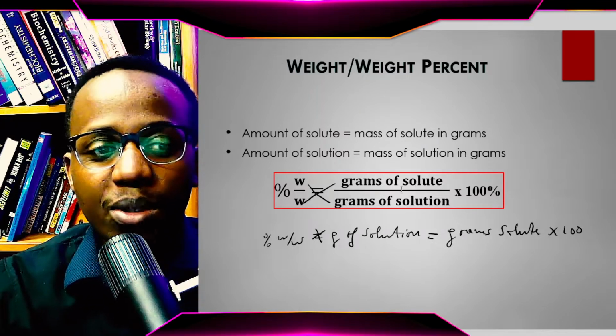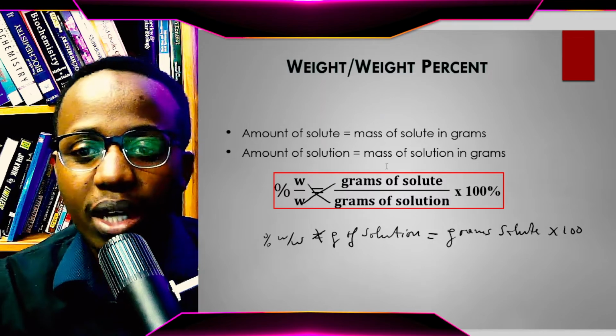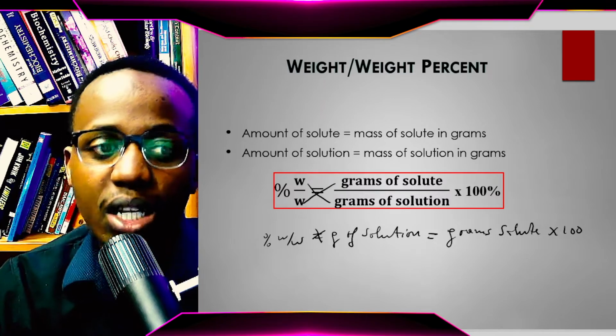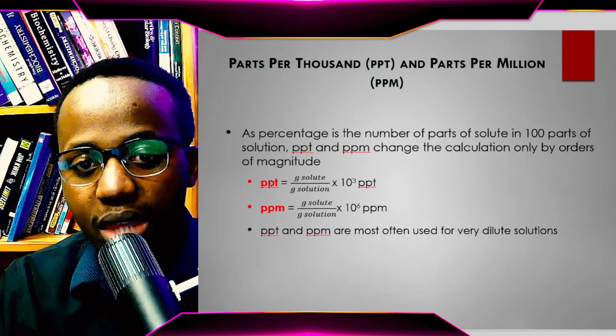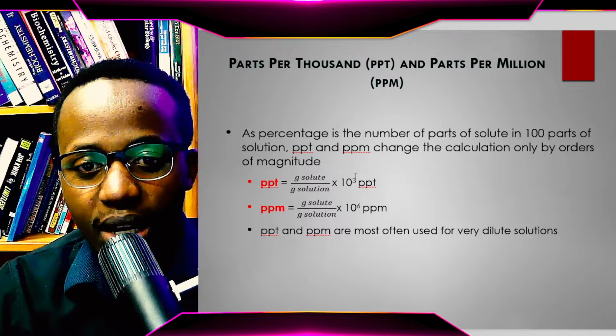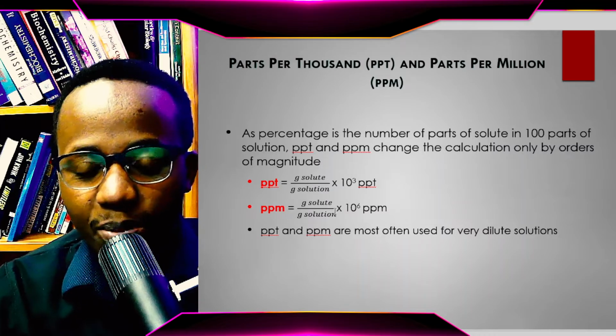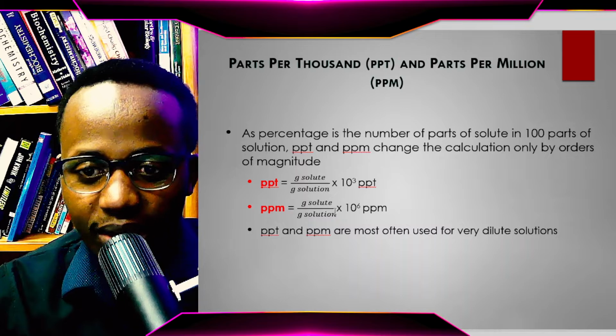So it's going to be almost nothing. That's why we need to multiply by a number bigger than 100. So we have PPT, which is parts per thousand, and then you have ppm, which is parts per million. It's still the same thing.